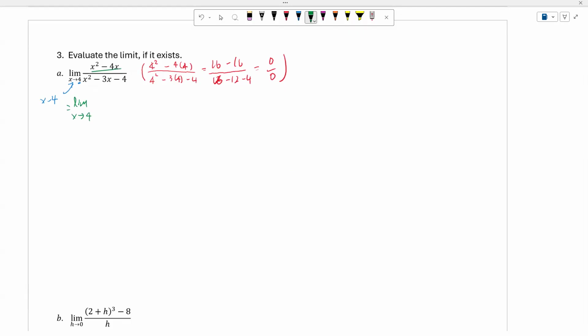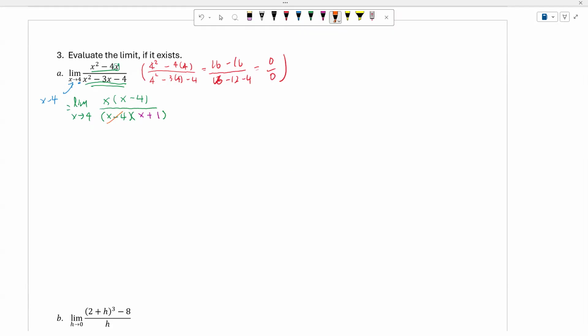In the numerator, we have a common factor, x, so I can take out the x and have x minus 4. In the denominator, we have x squared minus 3x minus 4. I know that one of the factors must be x minus 4, so the other will be x plus 1.